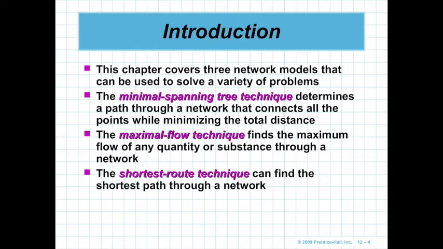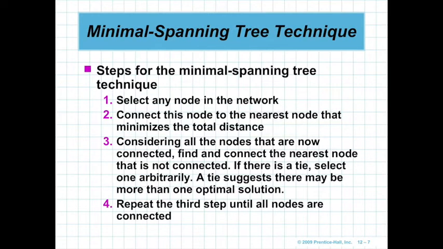The minimal spanning tree technique determines a path through a network that connects all the points while minimizing the total distance. There are some steps that we need to understand in using minimal spanning tree technique. The first one, select any node in the network. Second, connect this node to the nearest node that minimizes the total distance.